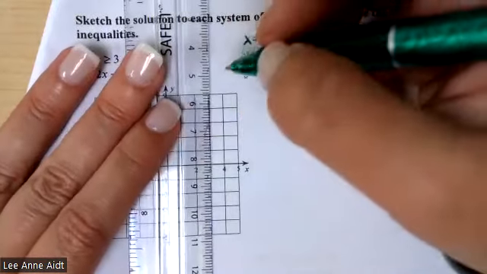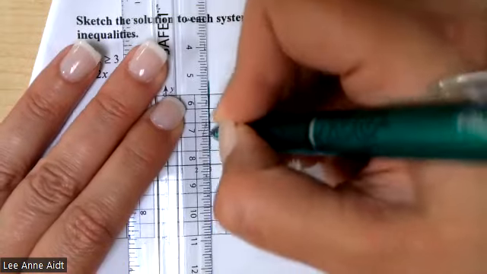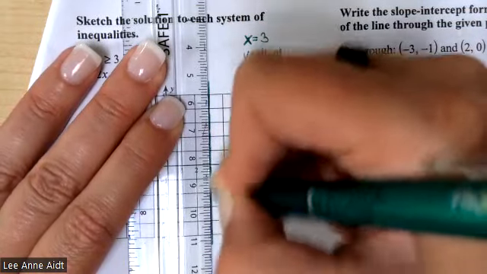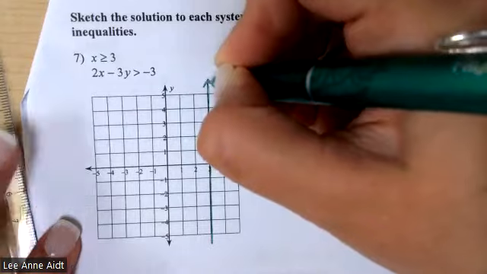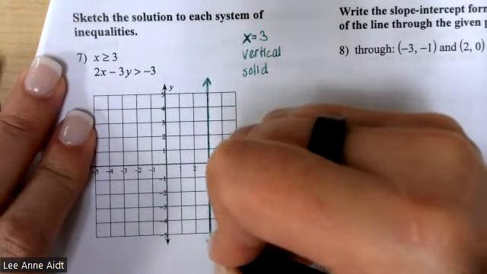Okay, first of all, why is it vertical? It's vertical because there's just an x and no y. And why is it solid? Because it has the or equal to on it.